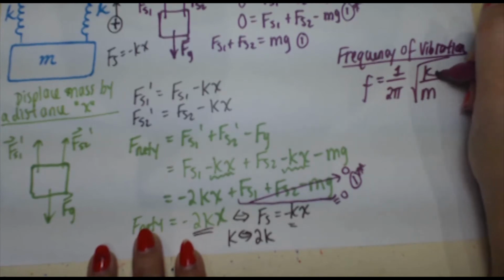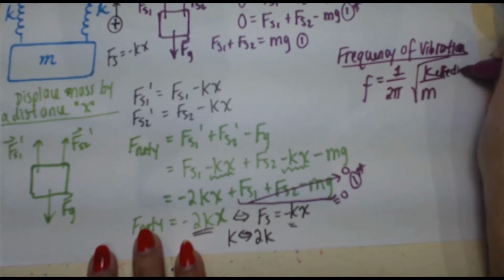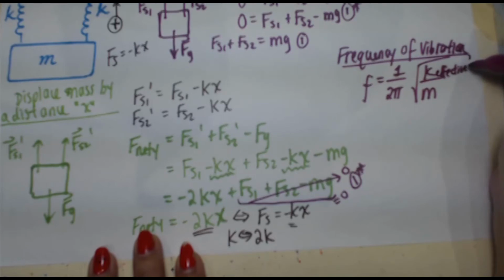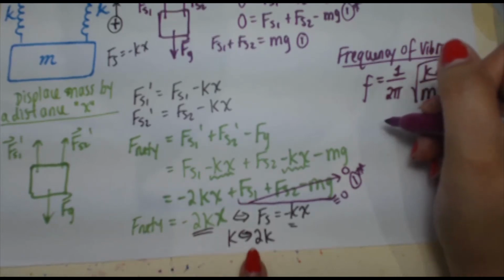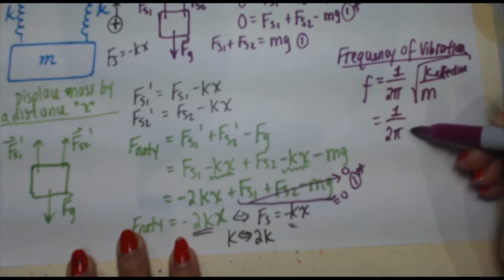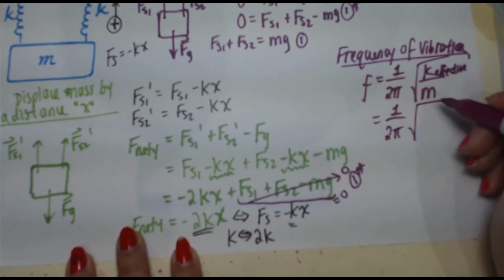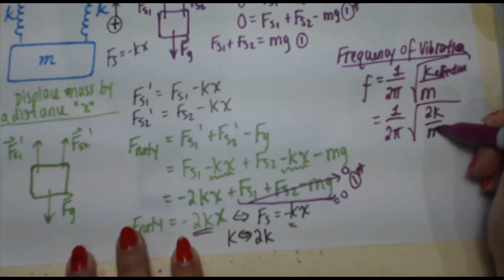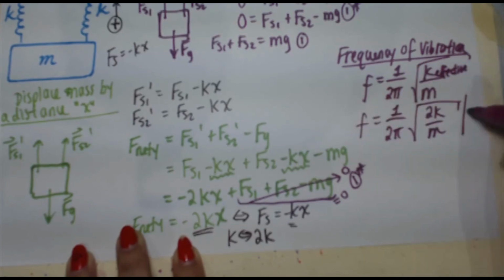Now I'm going to write k effective only because it's not one spring we're dealing with here. It's the effective total spring constant of the two springs together, which is 2k, right? We just found that. So 1 over 2 pi square root 2k over m. And that is your frequency of vibration.